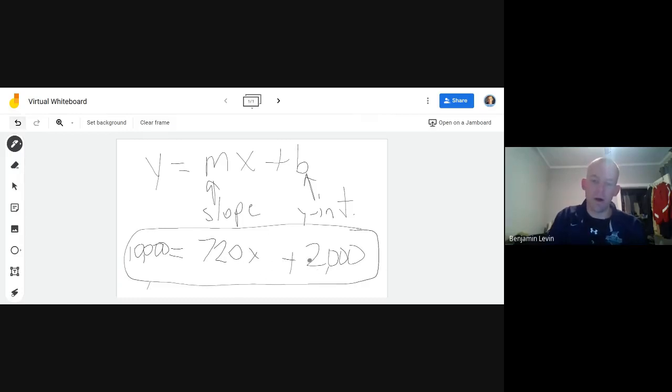It said we'd already pumped 2,000, and we need to get to 10,000. So what we're going to need to do is isolate the variable and solve for x. But let's look back and see which one of these looks like us. Again, it's 10,000 equals 720x plus 2,000.